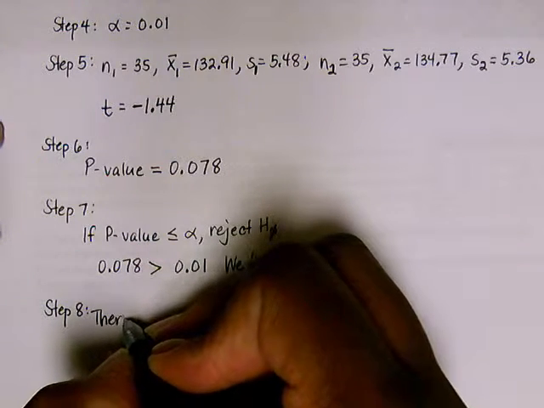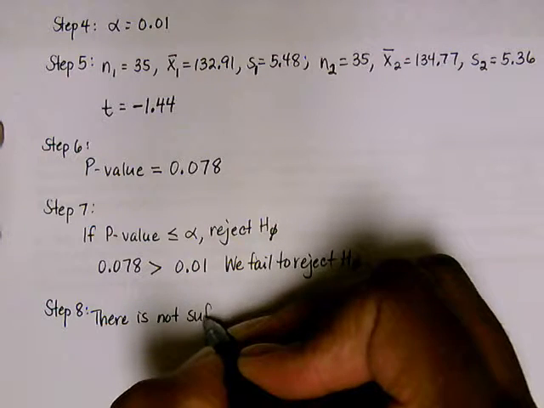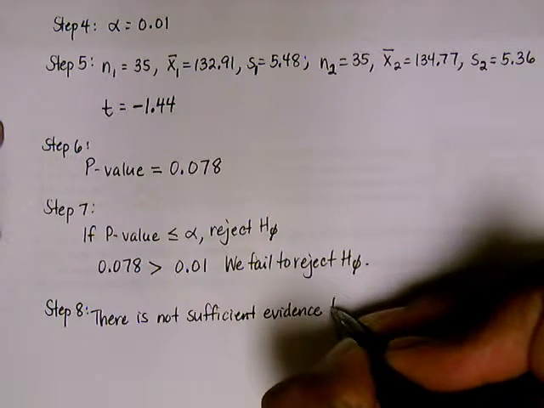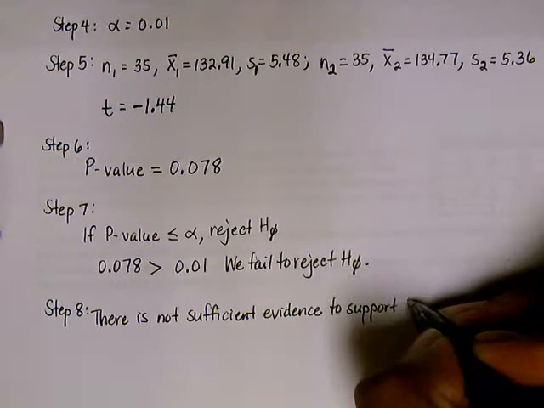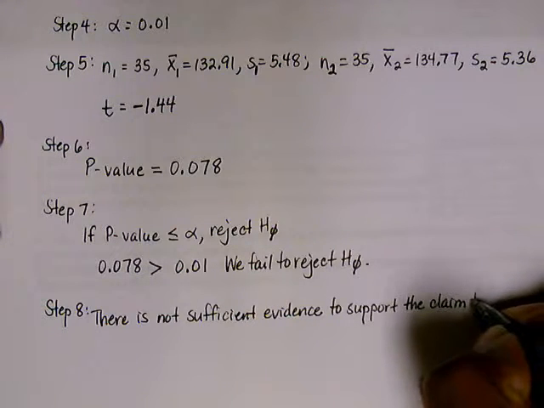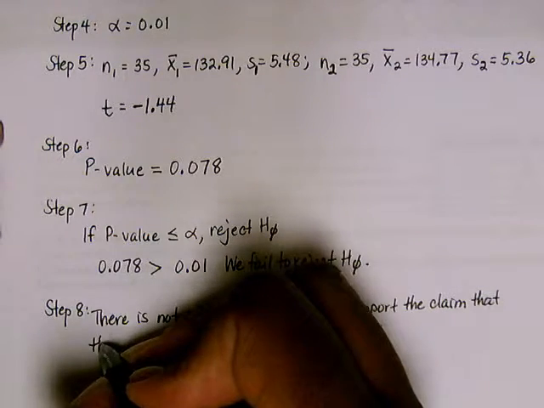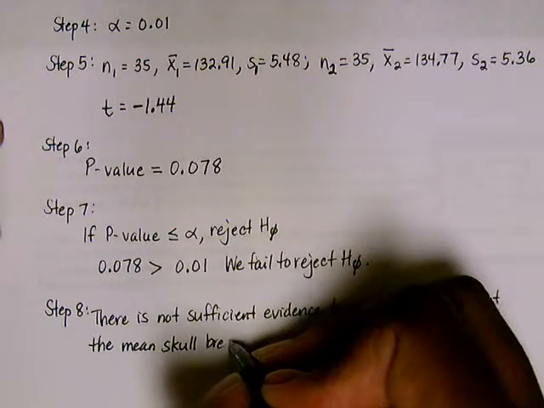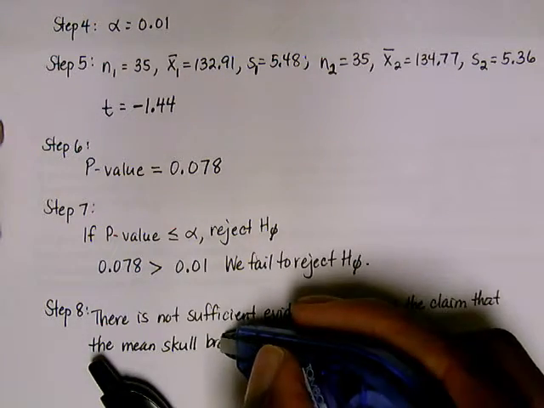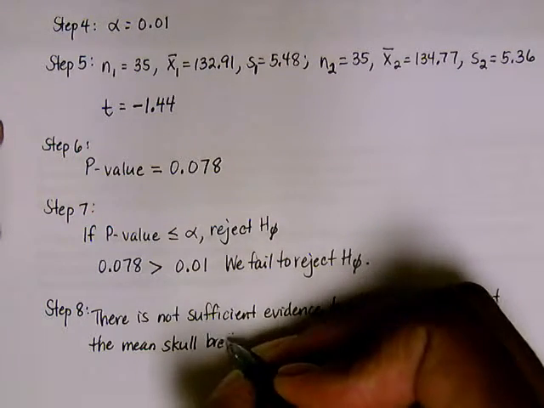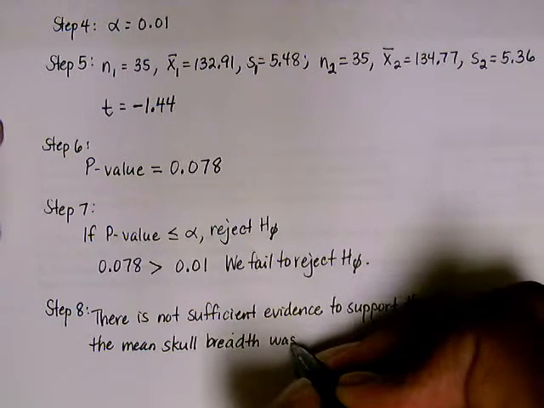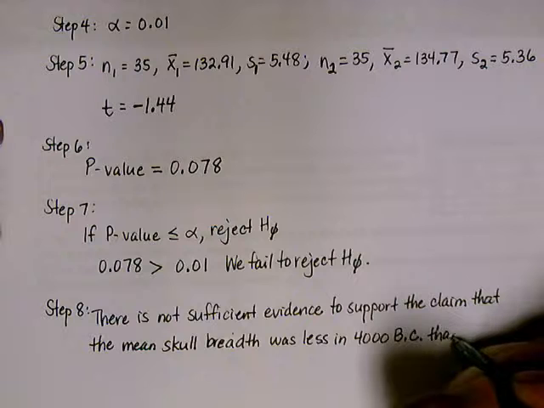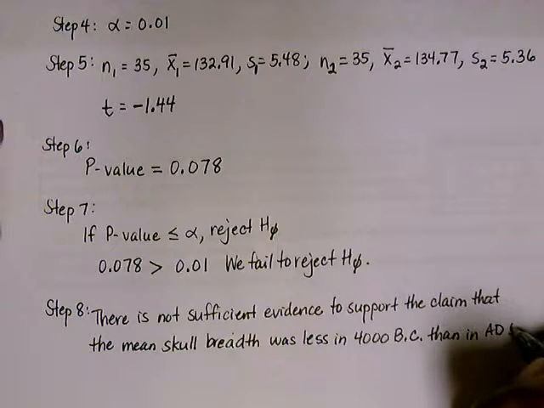So that means that there is not sufficient evidence to support the claim that the mean skull breadth was less in 4000 BC than in AD 150.